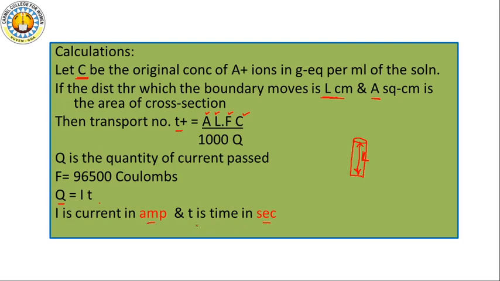Many a times whenever problems are given, you have to keep a check that you have the proper units. Sometimes current is given in milliamperes, you have to convert it into amperes. Similarly, time may be given in minutes or any other units of time. It has to be in seconds, and this current has to be in amperes.